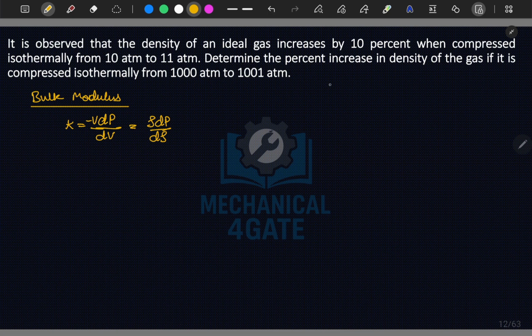It is given that for an ideal gas, d rho by rho is equal to 0.1, and for the corresponding pressure difference, dP is equal to 1 atm.